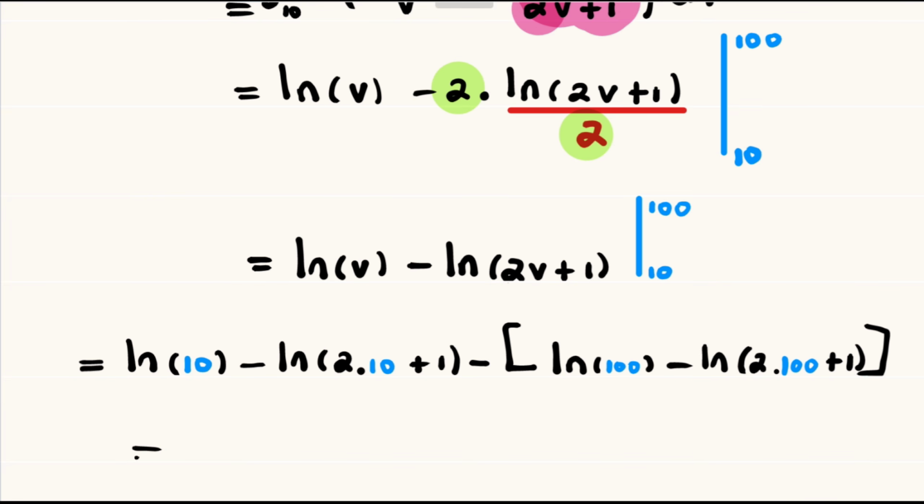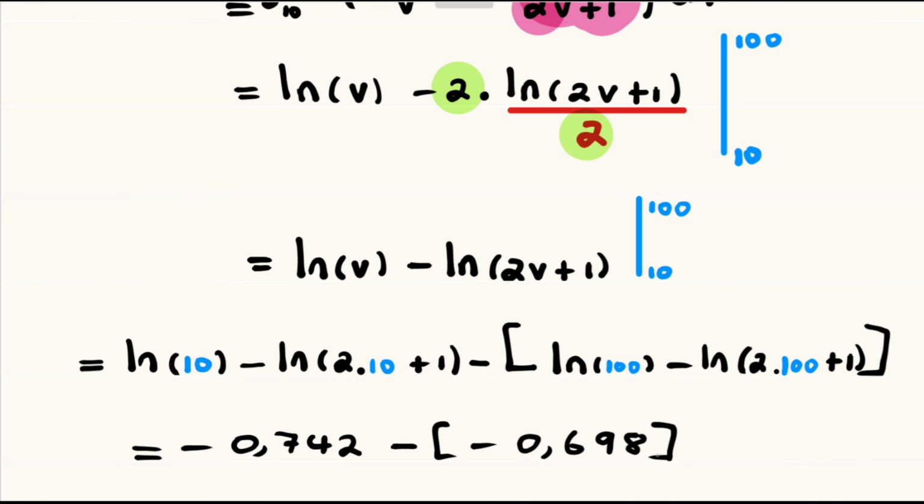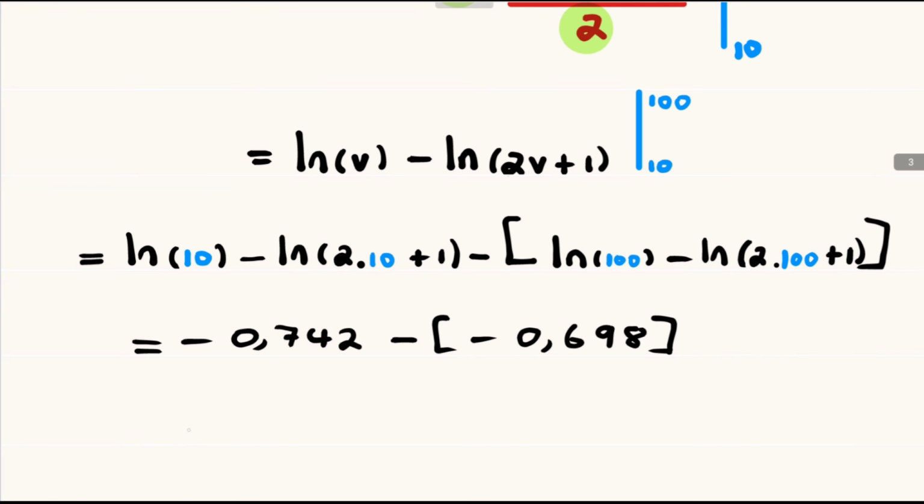and on our calculator, the first part, which has 10, will be equal negative 0.742, and the part of 100 will be equal negative 0.698, and this will be equal negative 0.044.